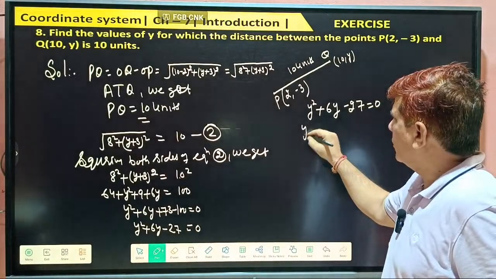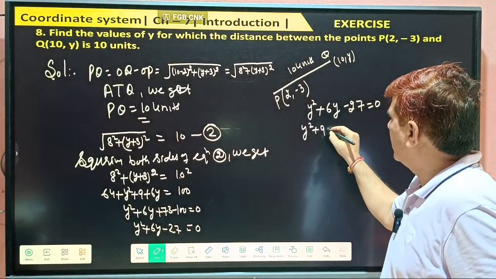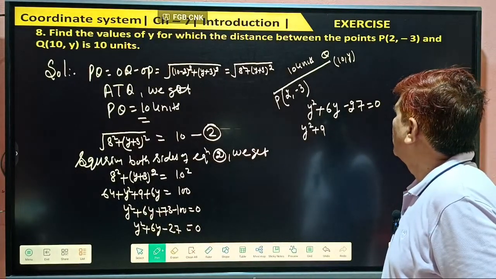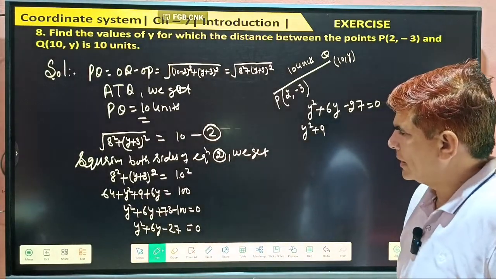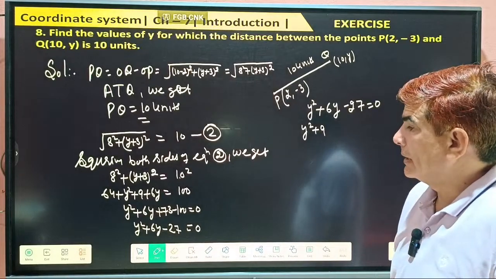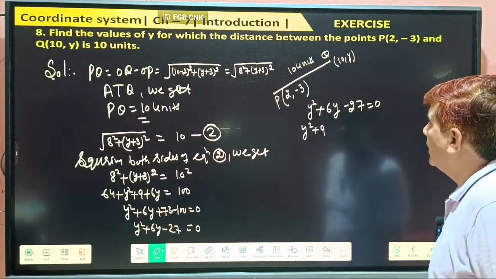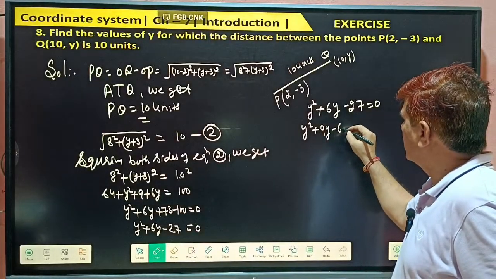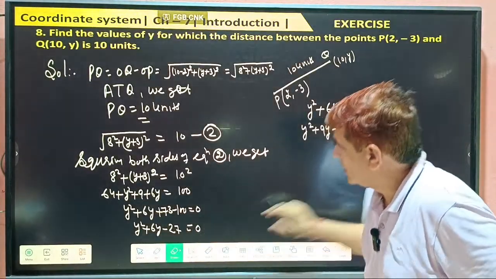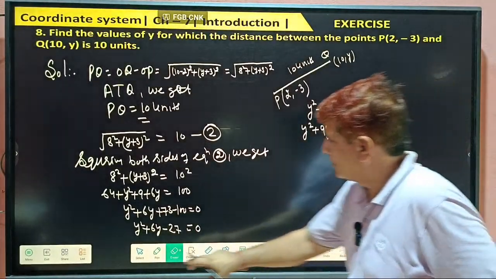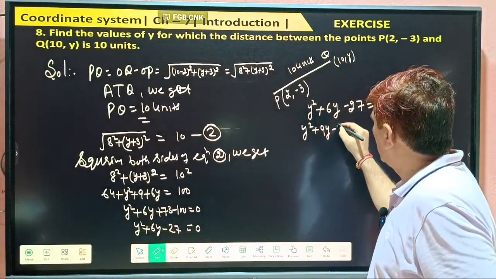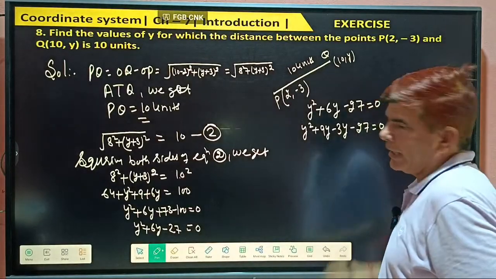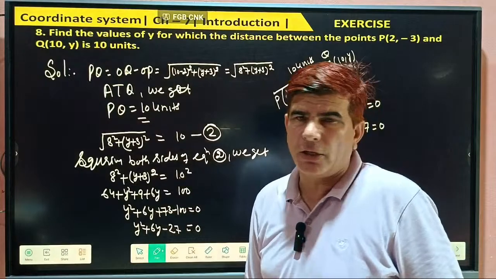You know the splitting formula: y square plus 9y minus 3y minus 27. 3 nines are 27, yes, 9y minus 3y. So we will check whether our factorization is right or not.